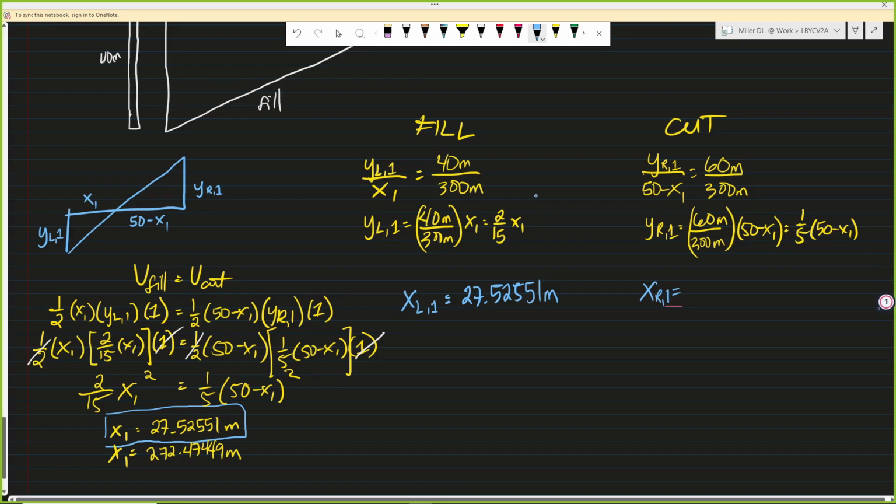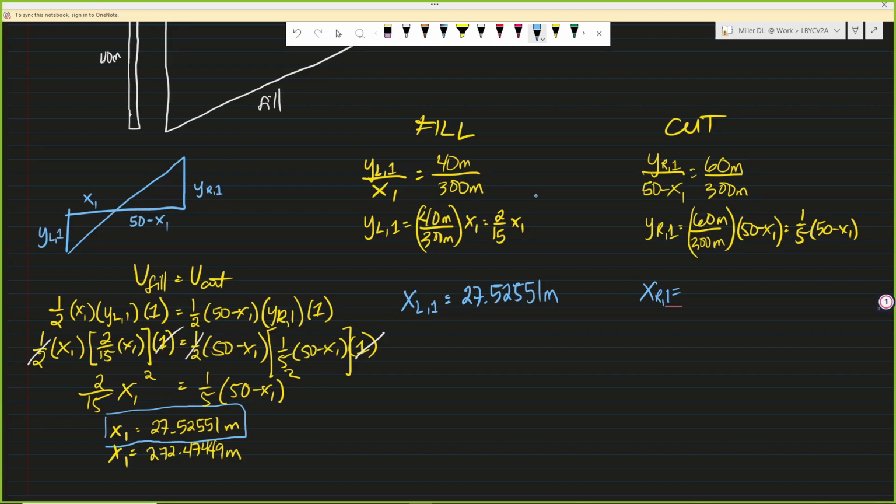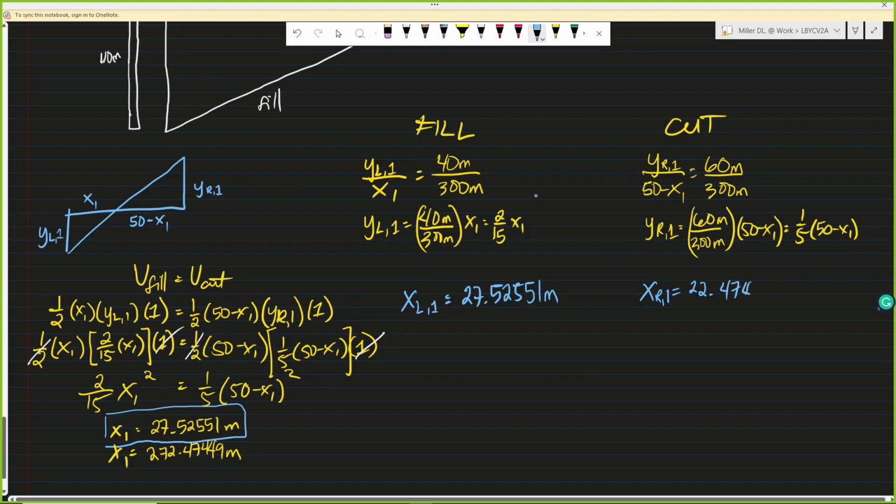So, what would be the value? So, 50 minus 27.52551. So, we have 22.47449. Okay?